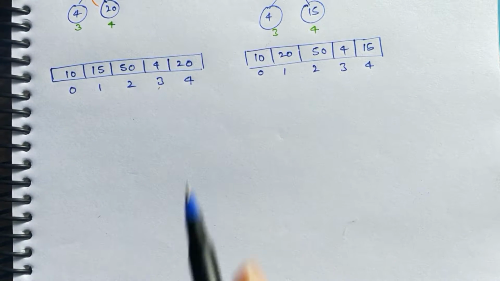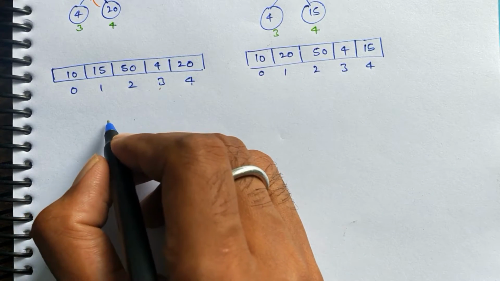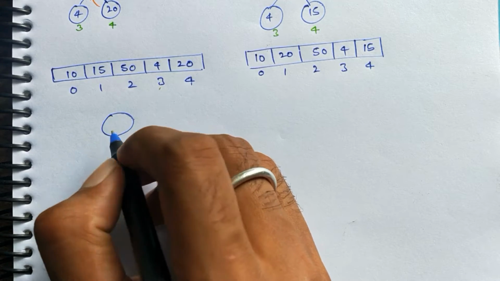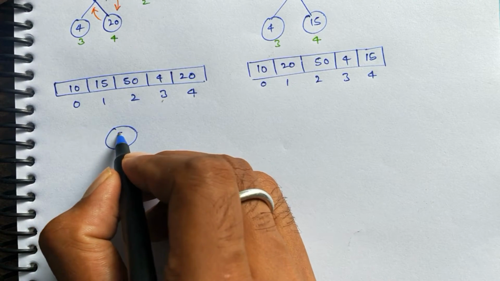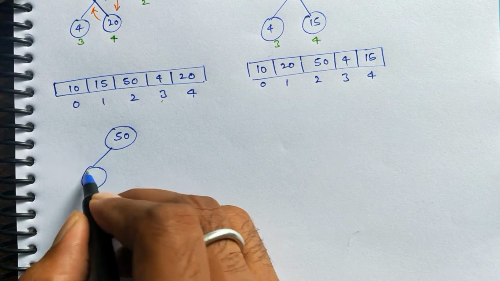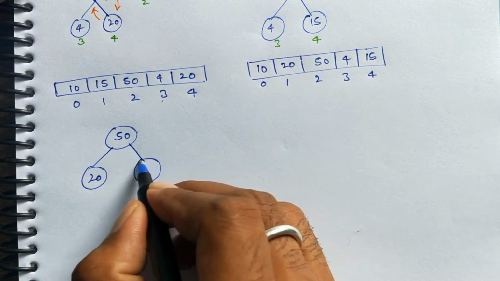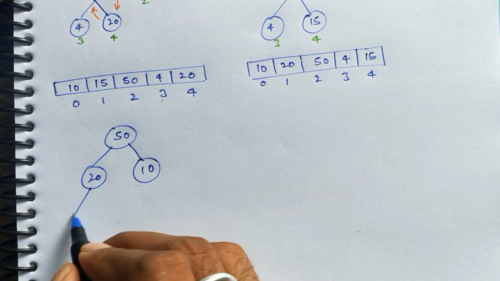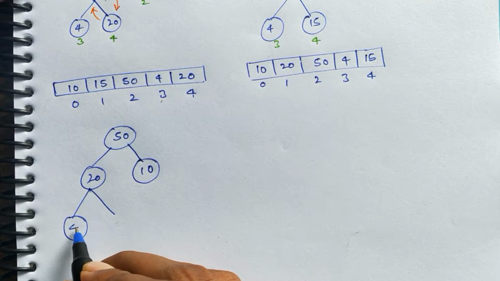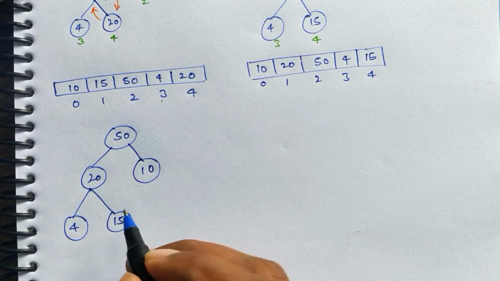So our complete binary tree will look like 50 at the top, 20 on the right, 10 at index 2, and 4 and 15 will remain as they are.